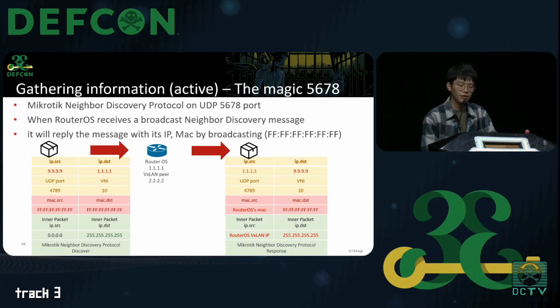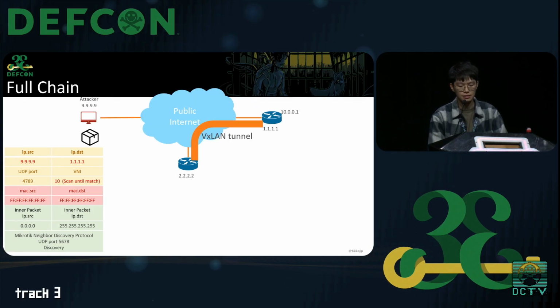When a router OS receives a broadcast neighbor discovery protocol (NDP) message, it will respond to the broadcast MAC address with its own IP and MAC address. Thus, we can send numerous VXLAN packets with different VNI and port configurations, each containing an inner NDP packet where both the source and destination MAC address are set to the broadcast address.